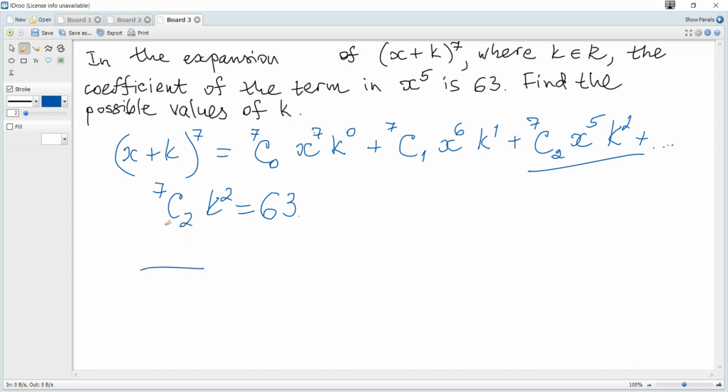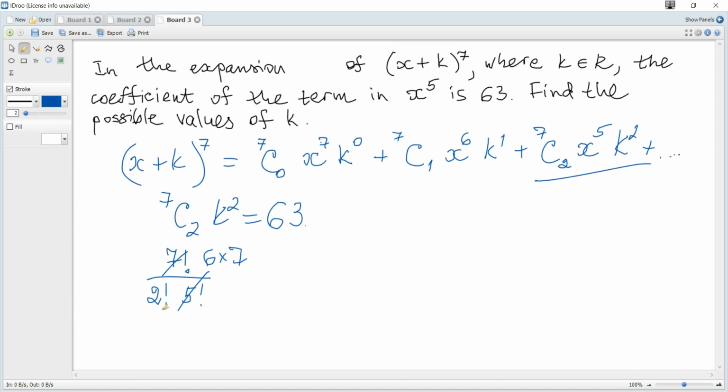The combinations formula is given in the data booklet. This question is without a calculator, so it's 7 factorial divided by 2 factorial and 7 minus 2 factorial, so it's over 5 factorial. 5 factorial is the product of all integers from 1 up to 5. 7 factorial is the product of all integers from 1 up to 7, so we can simplify it, and it becomes just 6 times 7. 2 factorial is just 1 multiplied by 2, which is just 2.